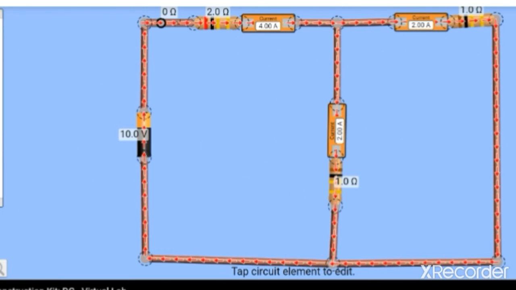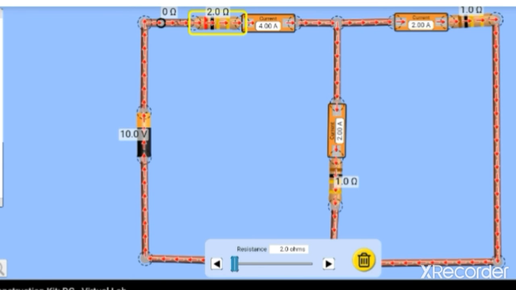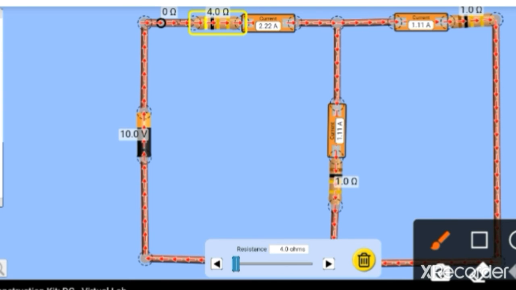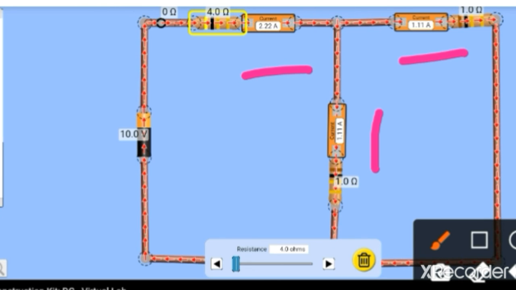And here in the same circuit, suppose I am going to increase the resistance value, right? That is, I am going to increase the first resistance value from 2 ohms to 4 ohms. So now let us see what the variations of current are. In the first branch the current will be 2.22, and the second and third are 1.11, 1.11.